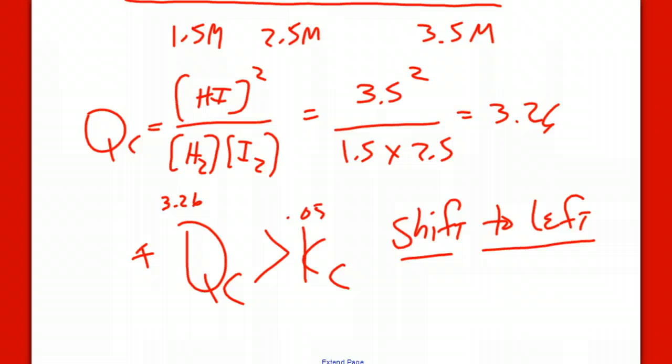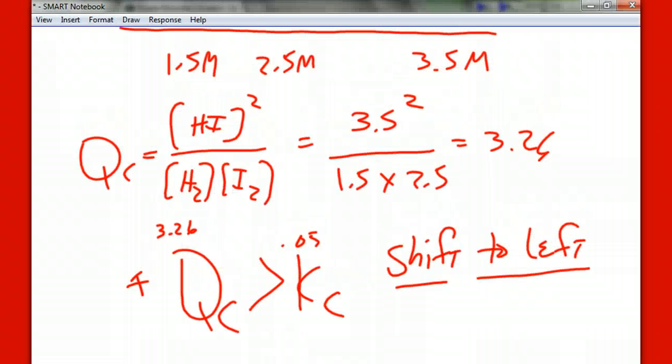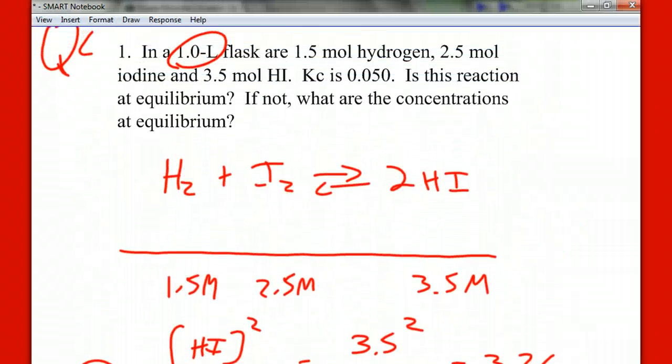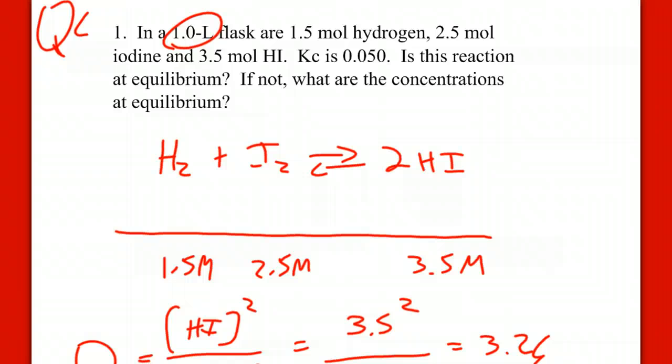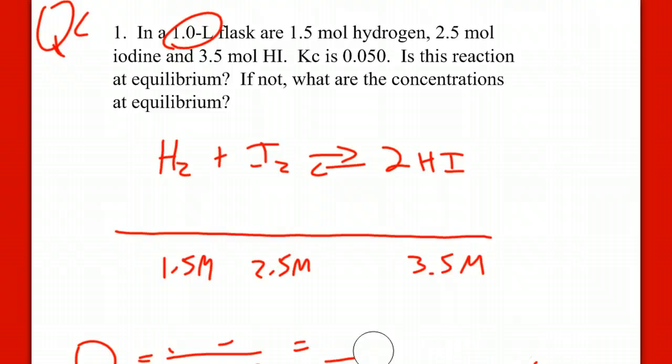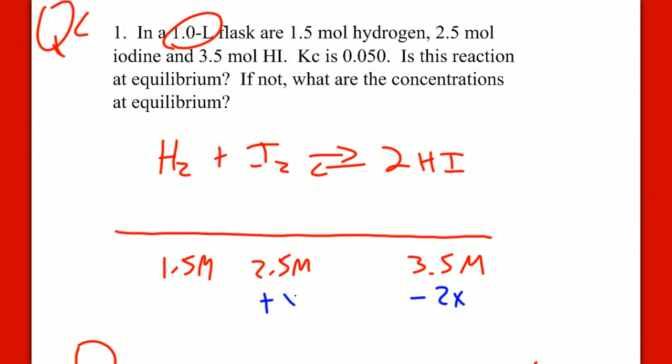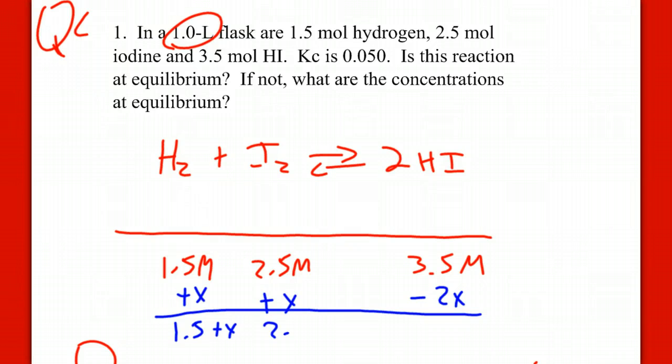Okay, when it does shift to the left, that means we're going to have X amount. Well, actually, there we go. X amount is actually going to shift from the right-hand side to the left-hand side. So this is going to be minus 2x plus x plus x. So when we really establish equilibrium, it's going to be 1.5 plus x, 2.5 plus x, 3.5 minus 2x.